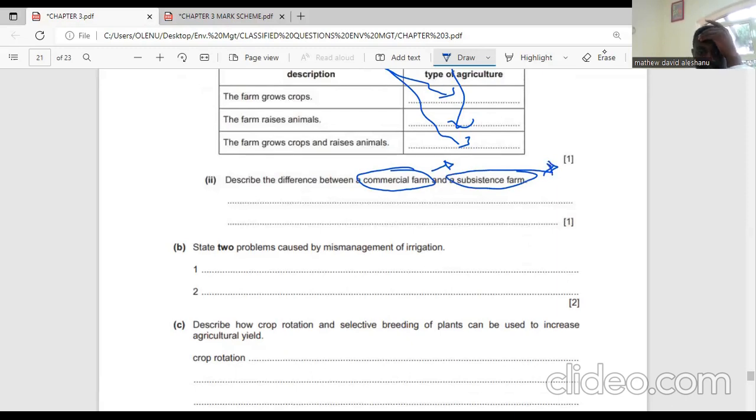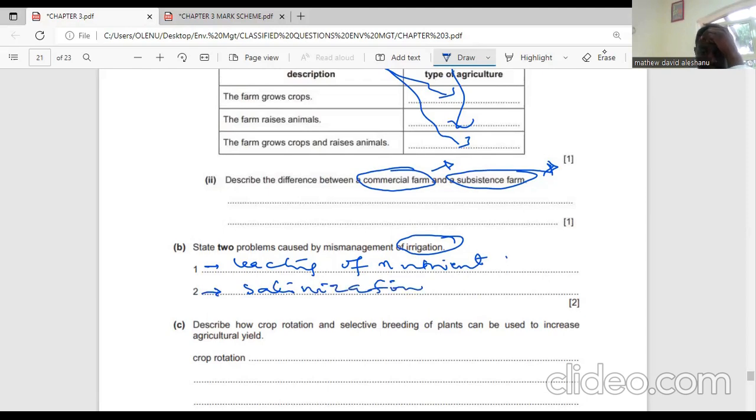State two problems caused by mismanagement of irrigation. So here they are asking you for disadvantages of irrigation. Mismanagement can cause things like leaching of nutrients, so it can wash away the nutrients in the soil. Irrigation can also cause salinization of the soil.